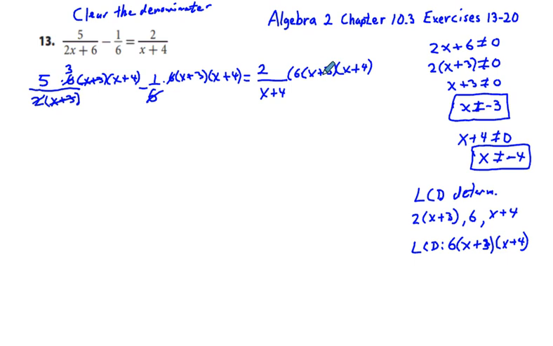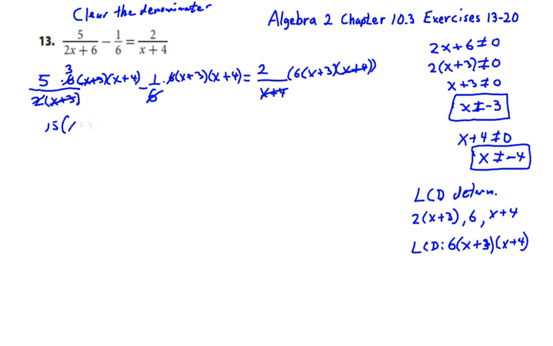And the one on the right side of the equation, we have x plus 4 over x plus 4. So, just simplifying out here, we have 15 times, because 5 times 3 is 15, times quantity x plus 4.